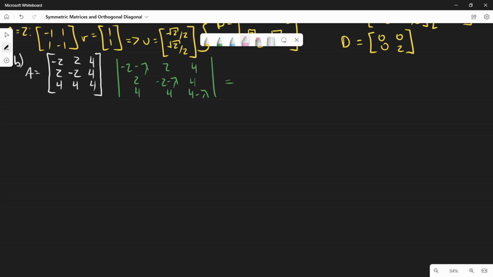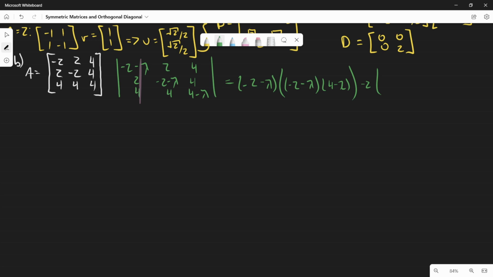Again, we can't do anything special to make our life simpler, so we're going to have to do this the typical way. What we end up getting is -2 minus lambda multiplied by -2 minus lambda times 4 minus lambda.